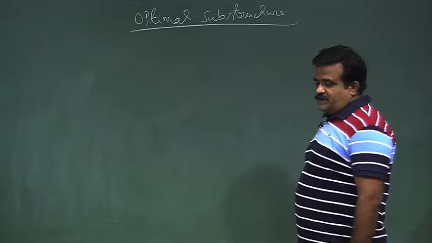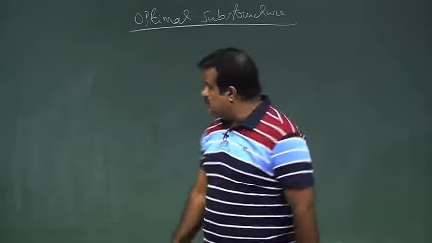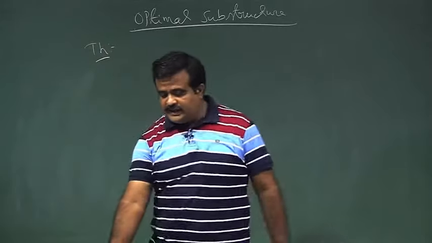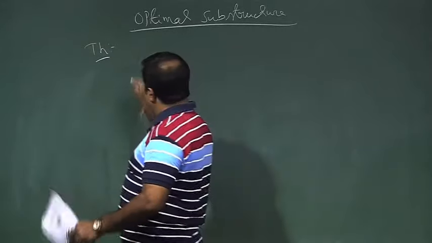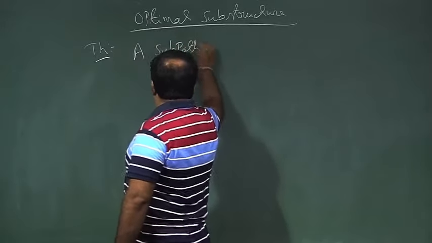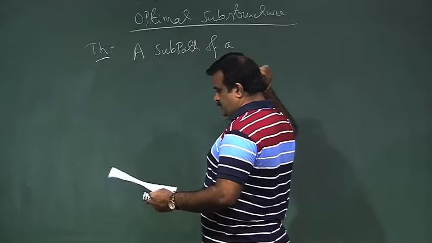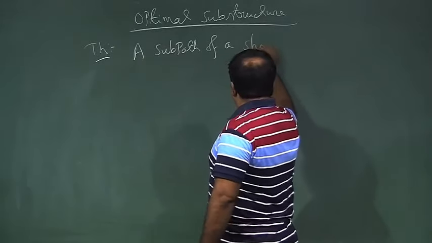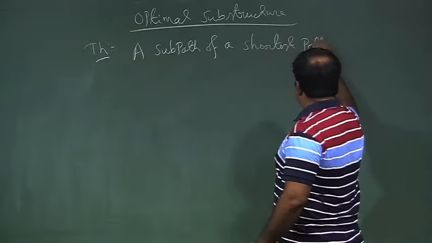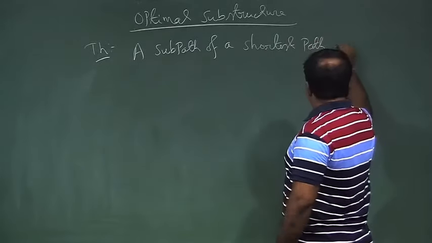Optimal substructure. How to establish this? We can use a theorem for this. It is telling any subpath of a shortest path is a shortest path.